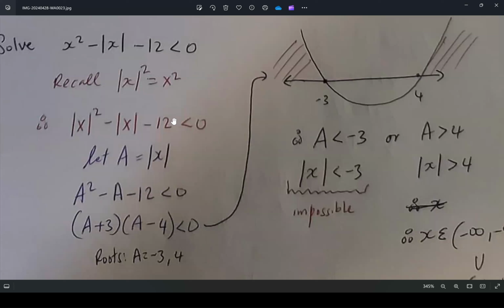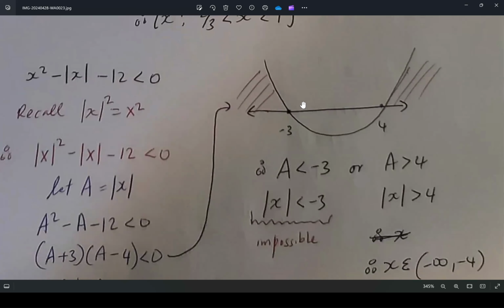Also, we realize that the value in front of a squared is 1, as in positive, which means this graph has to be smiling. So it's a smiling graph passing through -3 and 4. And it says that we're looking for less than 0.